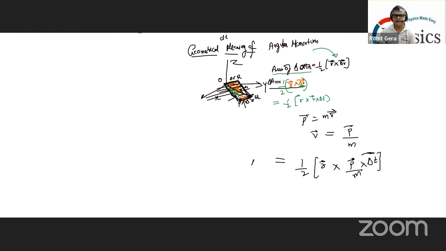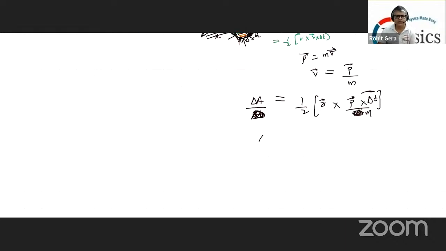So delta A upon delta T is equal to half of... Let me take it in the next step. Let it be this. Now delta A upon delta T is equal to half R cross P upon M.